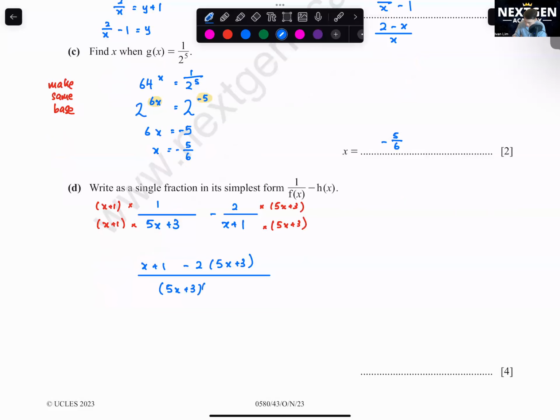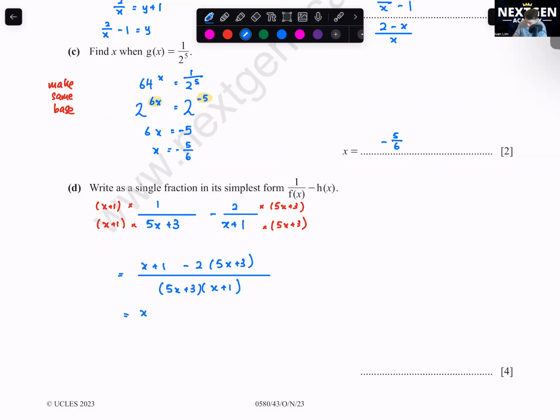Okay, when they say it as a single fraction, actually we don't really need to open up the bracket at the bottom one. Okay, in its simplest form, because a factorized form is actually in simple form. But if you open up the bracket, doesn't matter. Okay, just to make things easier, right? This one don't need to open out the bracket if they say in its simplest form. Open up the top one.